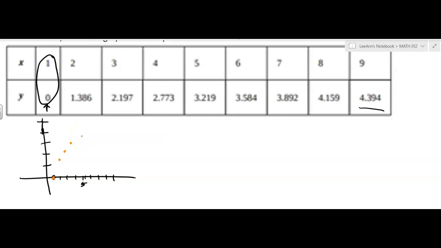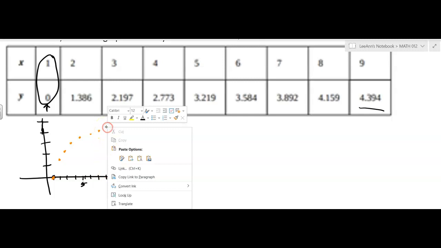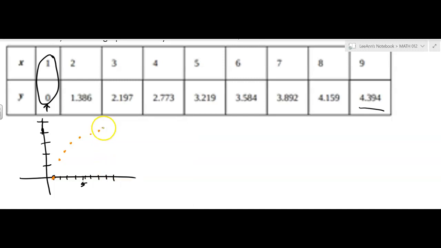Well, maybe it's not graphing the way I think it's going to. All right, 6. So I'm at 6, 3.5. There we go. 7, it's still below the 4. 8 is just above the 4. And then 9 is a little more over.